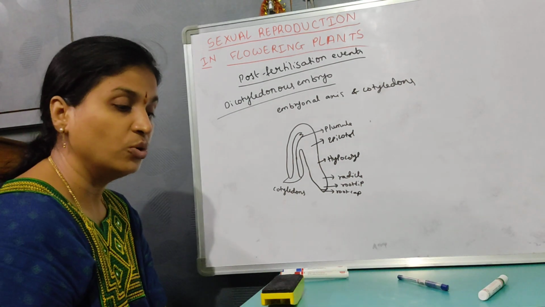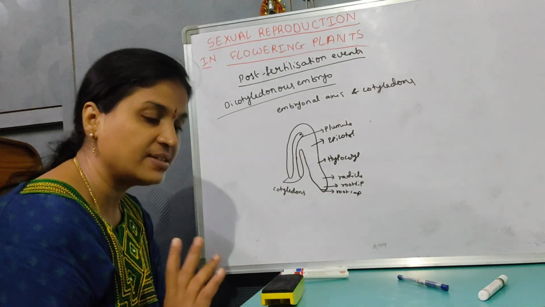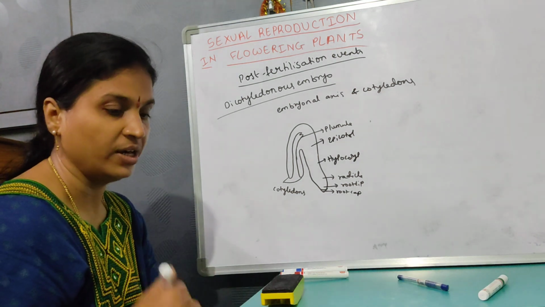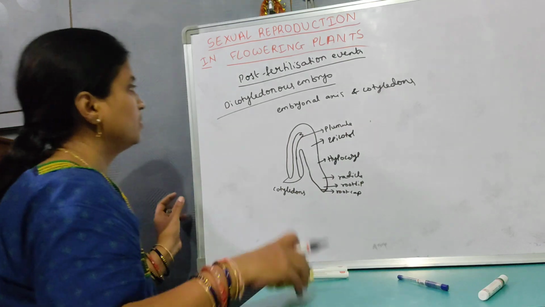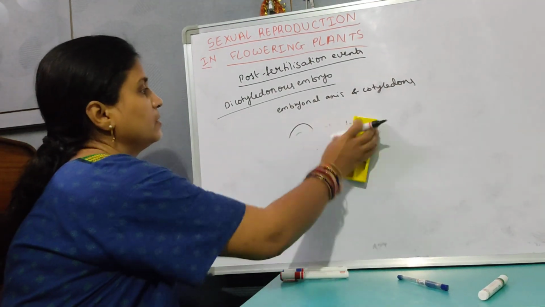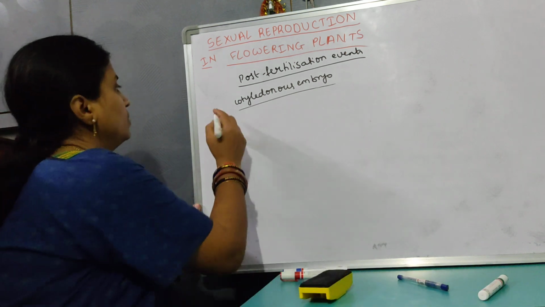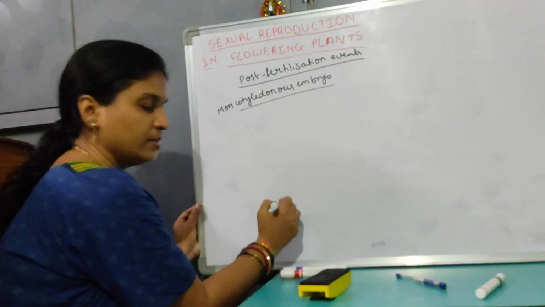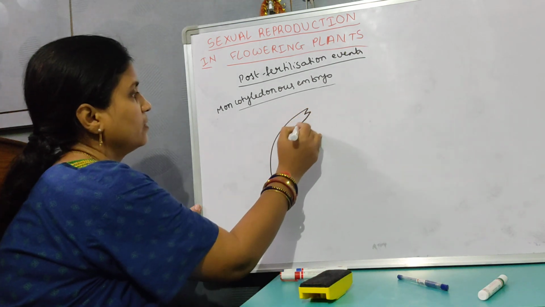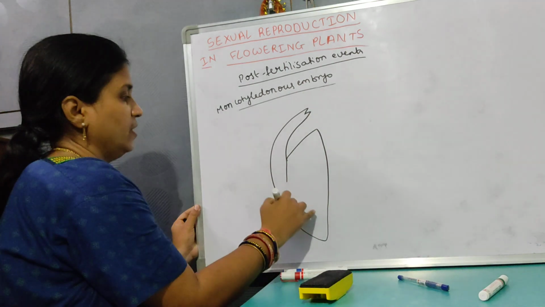If you take the monocotyledonous embryo, it is going to have embryonal axis and cotyledon, but only 1 cotyledon. So here only 1 cotyledon. Like this, if you take, this is 1 cotyledon.